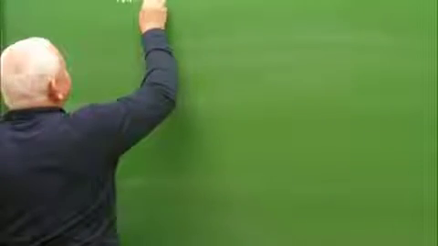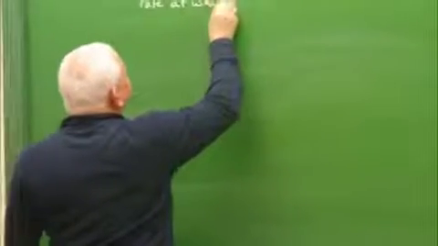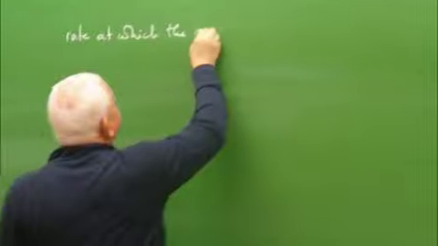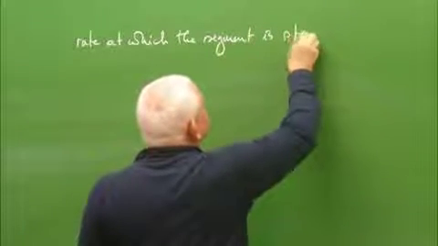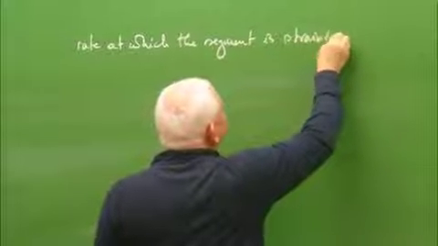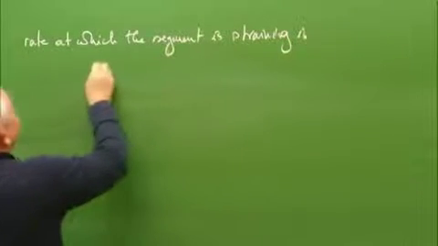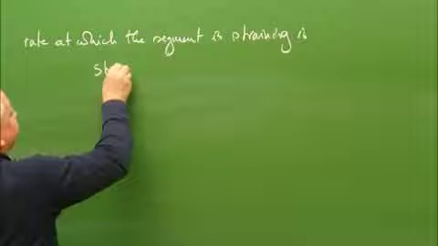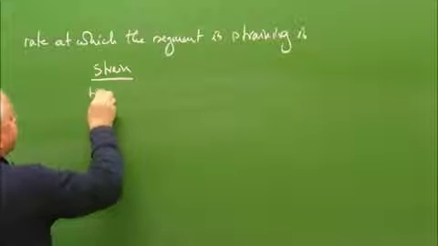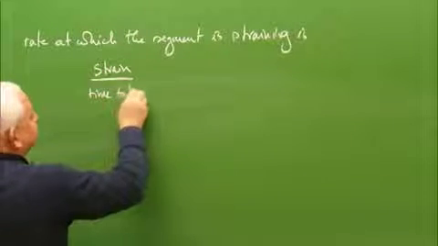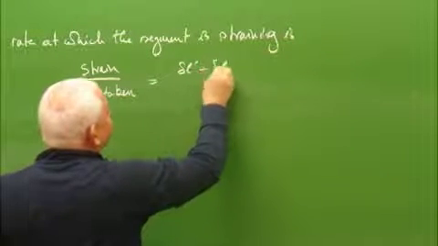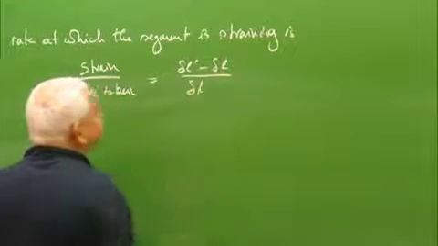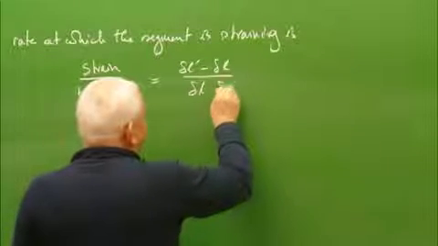So the rate at which the segment is straining is the strain over the time taken for the strain to develop, and that is delta L dashed minus delta L, divided by delta L, divided by delta t.